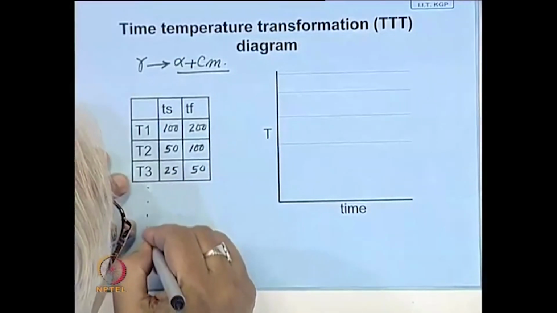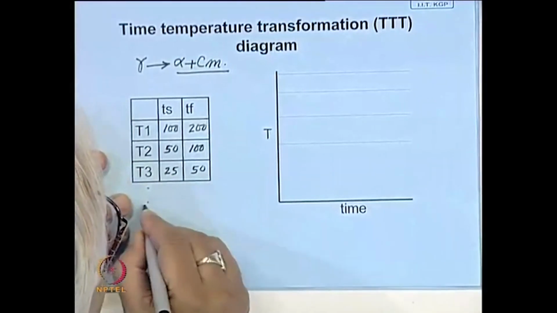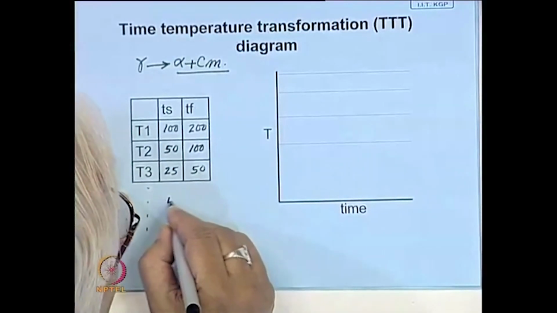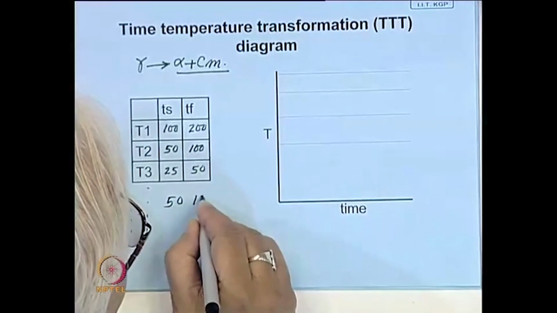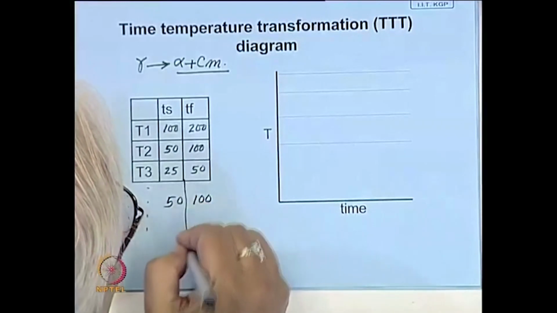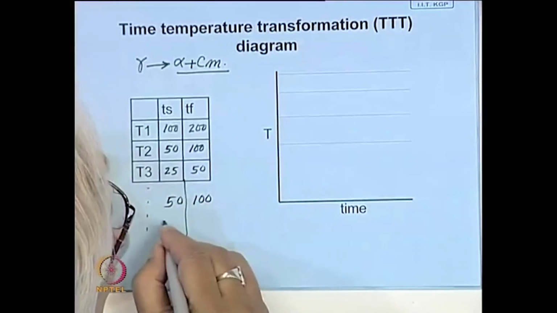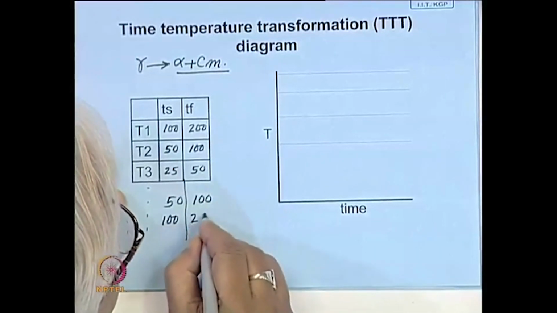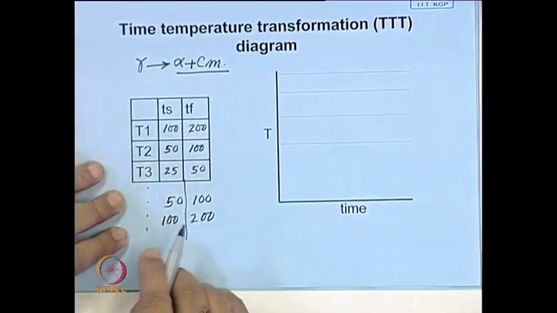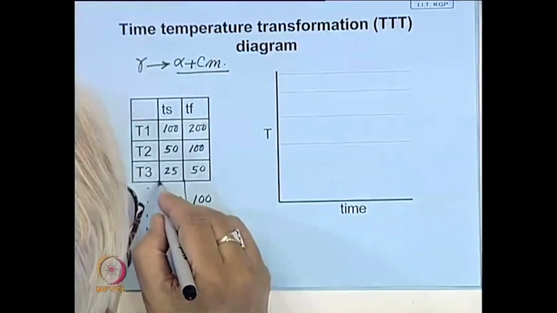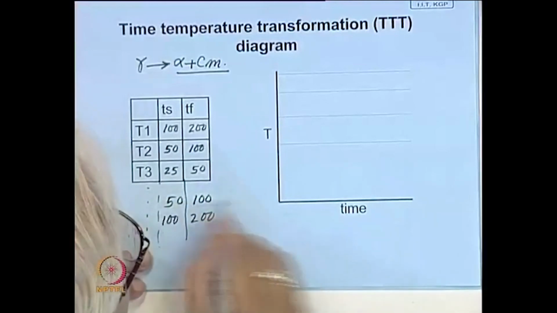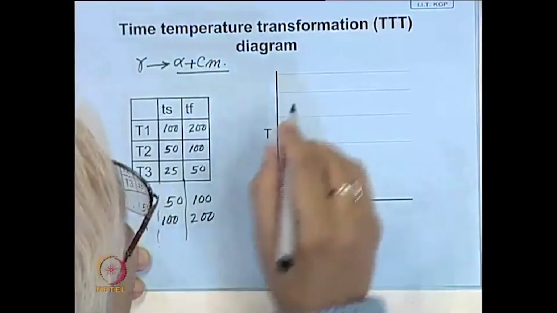If you go down again, you may find it starts increasing again, somewhere it becomes 50 and 100, and then say 100 and 200. I am putting these numbers arbitrarily, these are not the exact figures, just some arbitrary values.